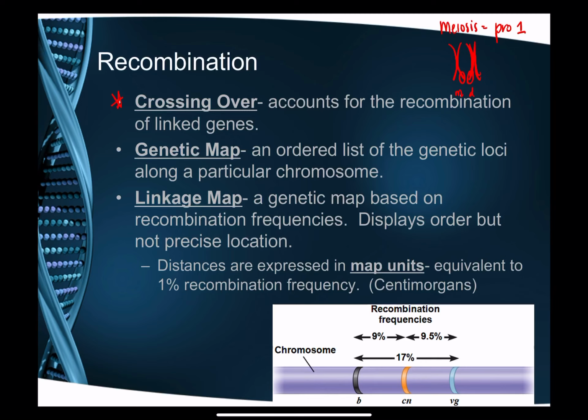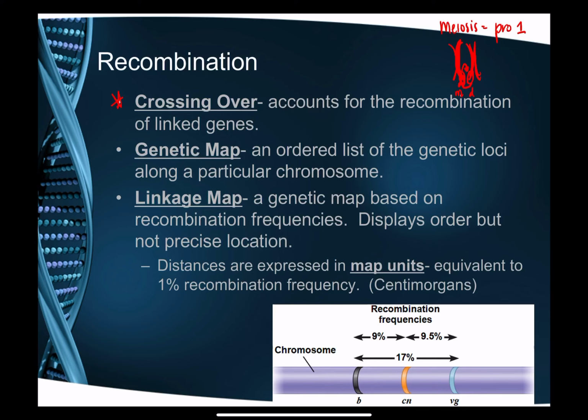And they synapse or come together. And those two non-sister chromatids exchange, right? Those two non-sister chromatids exchange. And so now, this gamete is going to get mostly dad, but a little bit of mom, okay? And so that's where we get recombination.